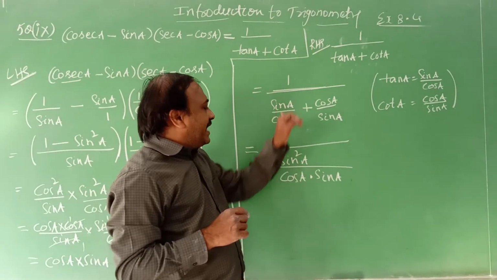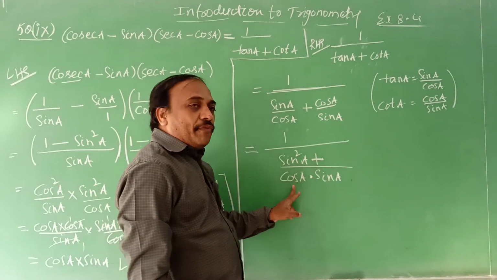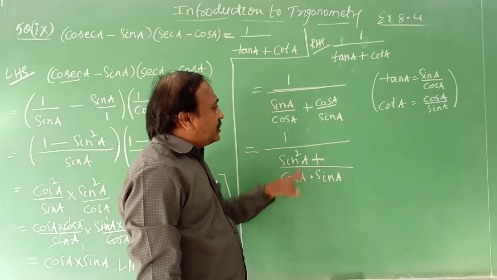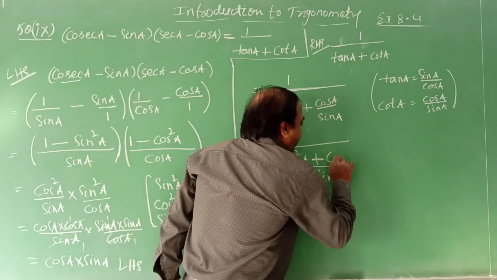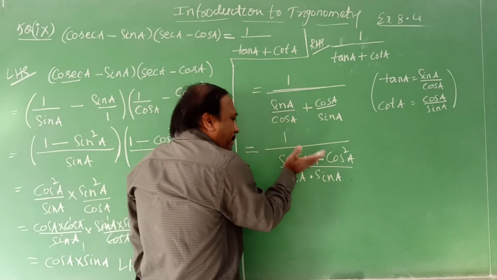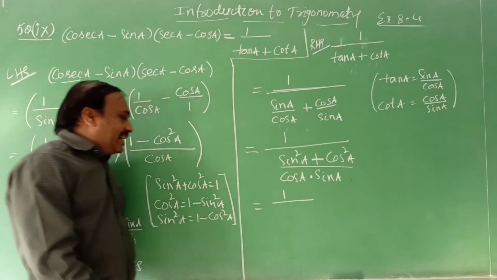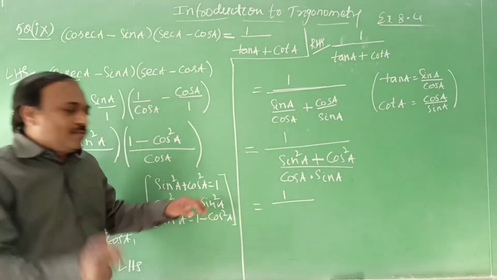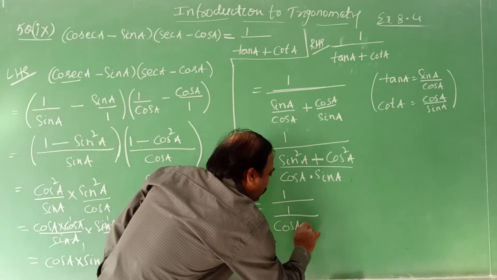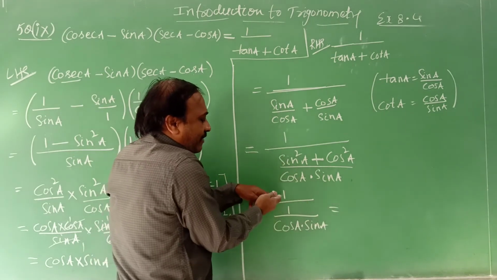Then sin A into sin A, sin square A, plus then sin A, if you divide the quotient will be left over, sin A gets cancelled, cos A is the quotient, cos A into cos A, cos square A. Now this is 1 by, observe it now, 1 by sin square A plus cos square A. Just now I told you sin square A plus cos square A is 1. So 1 by again cos A into sin A. So when you do this, it goes to the numerator part, as this is a fraction divided.